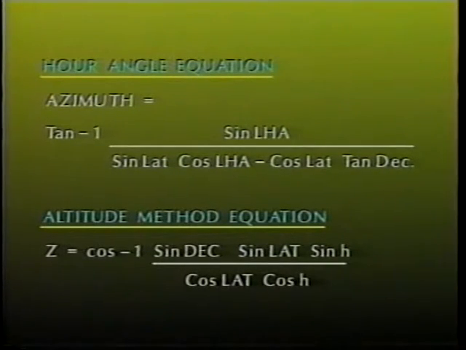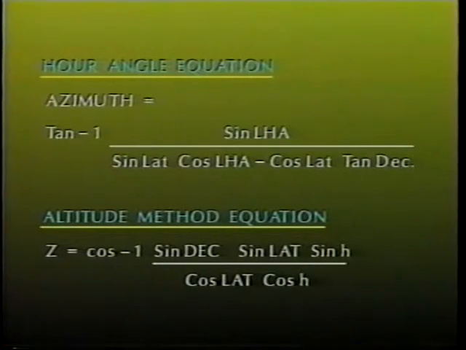The altitude method in this problem will take less time because the hour angle method requires we compute LHA and declination. The altitude method needs only the declination, and that's one less thing to do. The other components, H and latitude, are given.